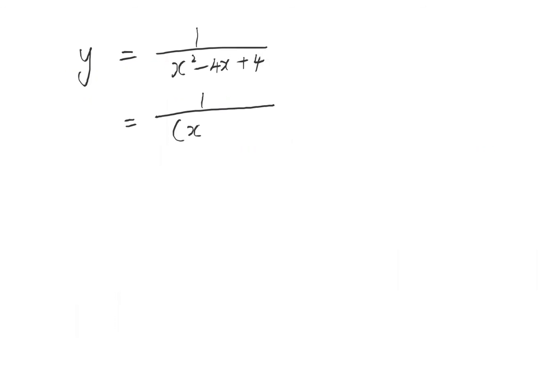So now, if I look at my y equal to 1 over x squared minus 4x plus 4 as this. So, same thing. Can be complex, can be simple, depending on which angle you are looking at things.